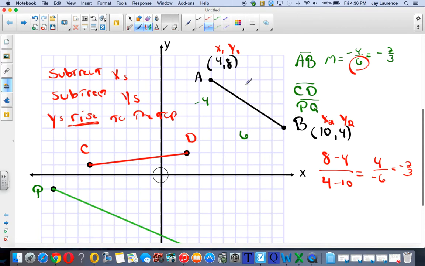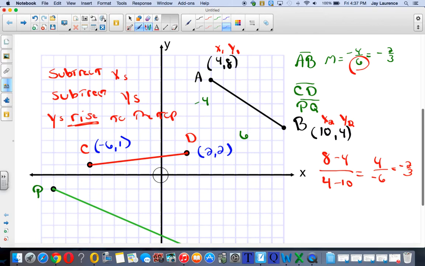So let's go through and try that. Let's try it here on point C. Let's see, it's at 1, 2, 3, 4, 5, 6. So C is at -6, +1, and D is at 2, 2. All right, so I'm going to subtract the x's.